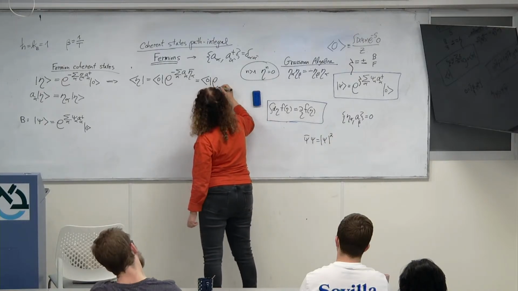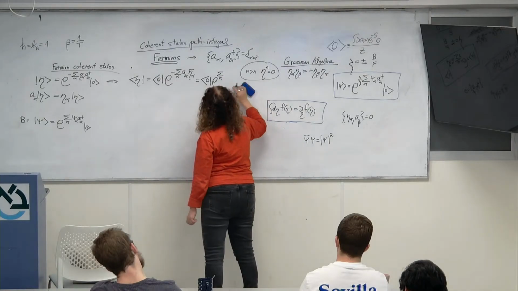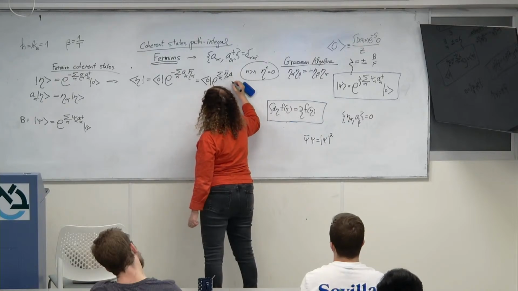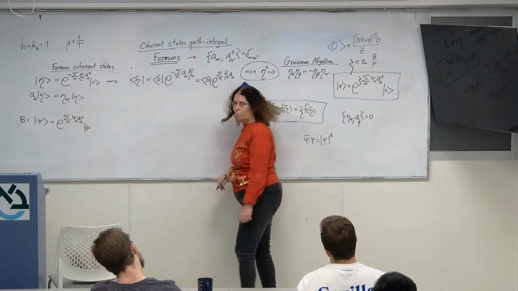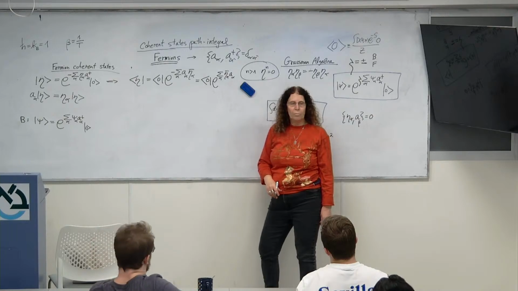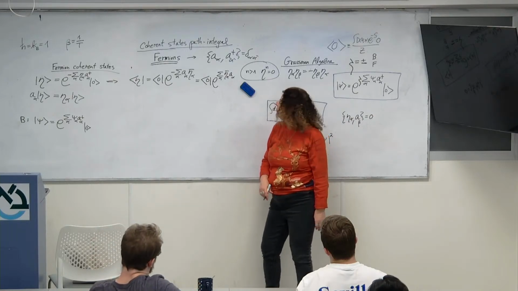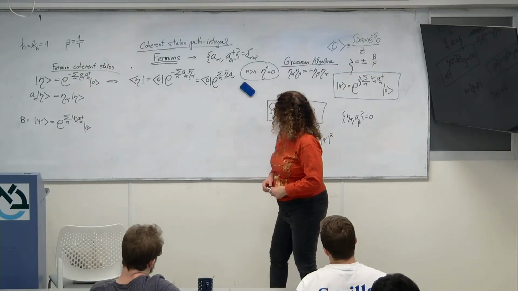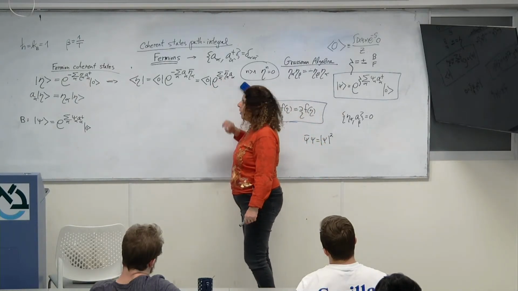So this will give me a plus e to the alpha eta alpha bar A alpha. It comes from the anti-commutation relation. Okay? So that's also a legit operation.